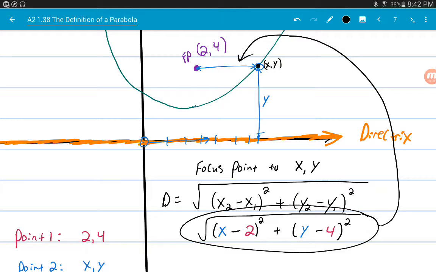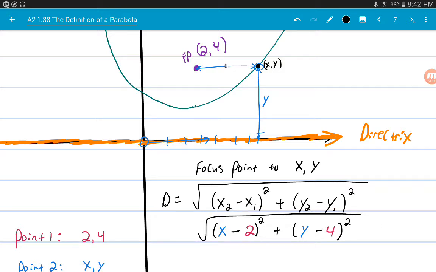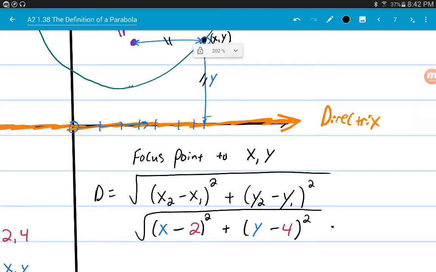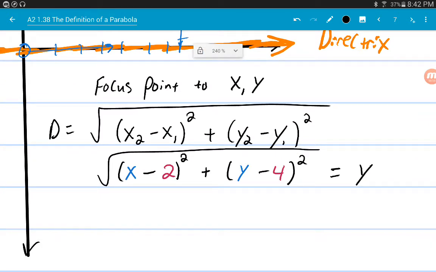But based on the definition of a parabola, this line and this line are congruent. They're equal. So that means that this equation is equal to y. Now I want to create a formula for an equation, and in order to get that I need to have y equals.